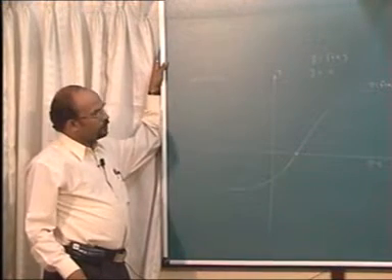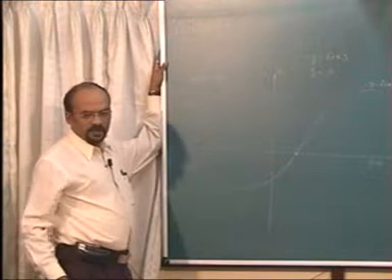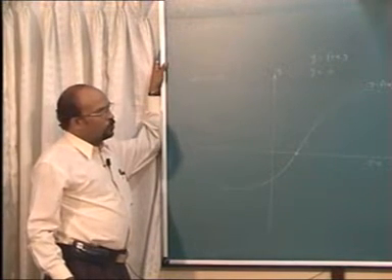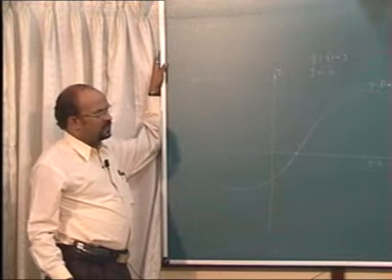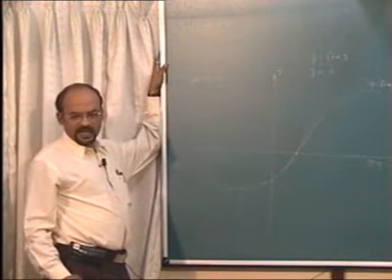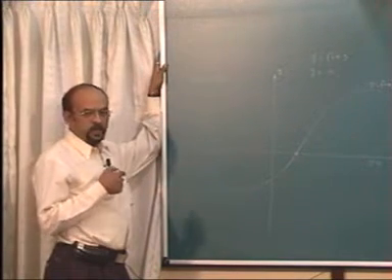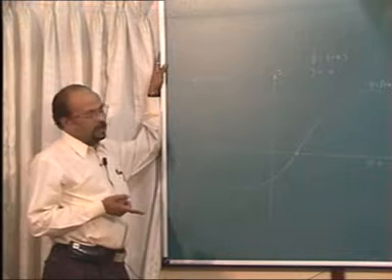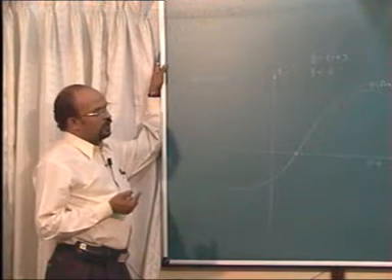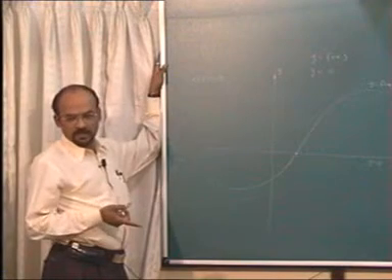Okay. Now observe that whenever we have a continuous curve, then for a root to exist, the curve should cross the x axis, because only when the curve crosses the x axis will it pass through the point y equal to 0. In that case, the y coordinates of the points on the curve must change sign.